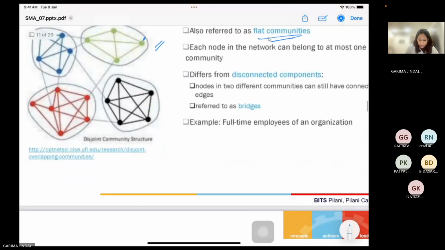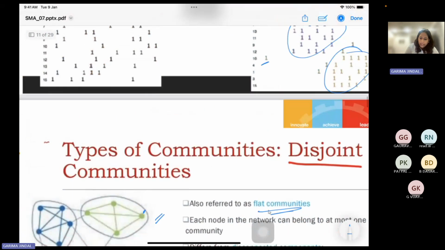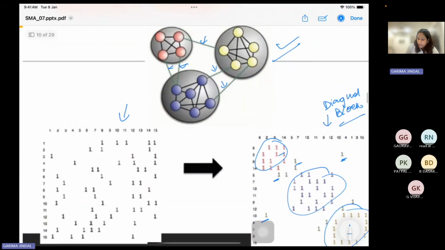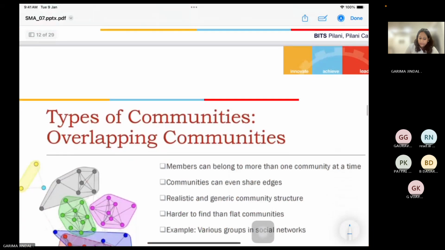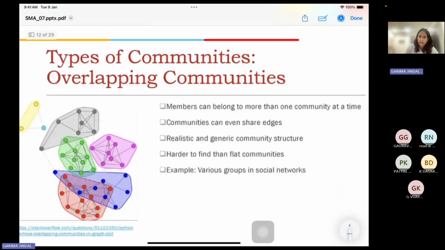We have already seen that identifying the flat communities is a very difficult problem. Now we are moving to the next type of communities, that is the overlapping communities. This is a more natural community structure. In real life, I belong to different communities. I can be a part of the BITS community.